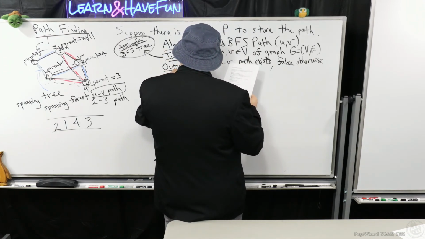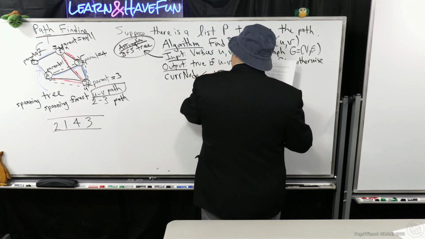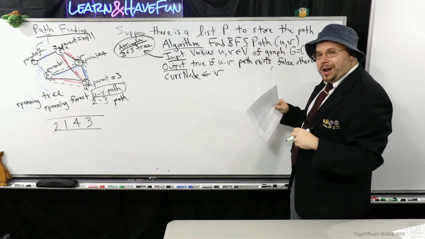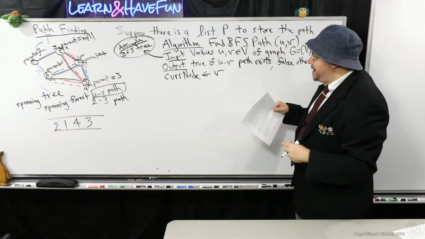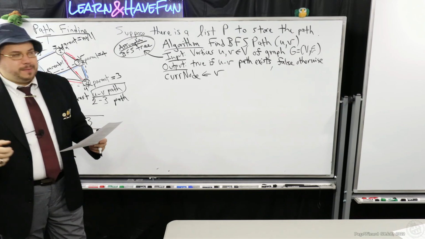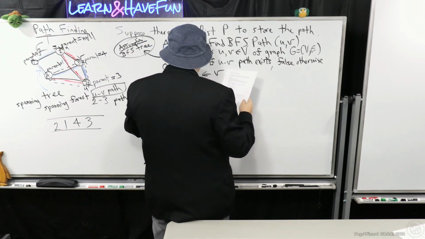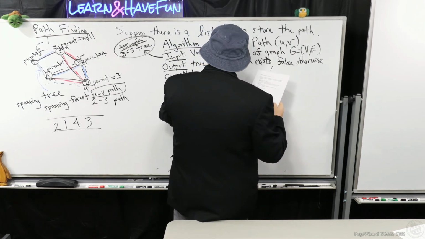So all we're going to do is have a reference to one end of the path, namely V, and we're going to trace back over to U by following the parents. And when did we stop doing this, right?